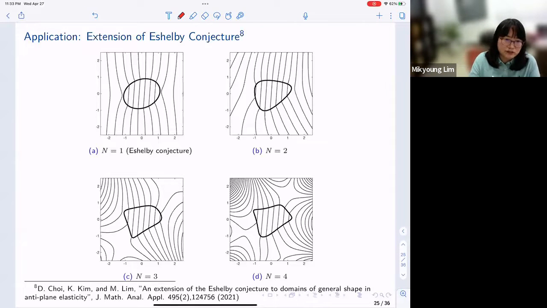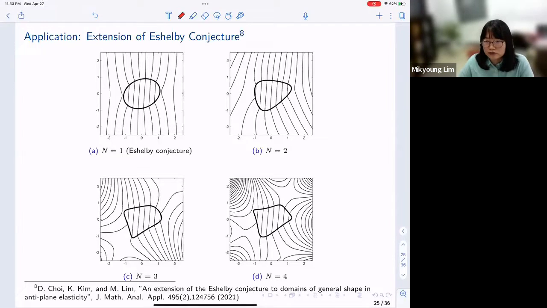So the Eshelby conjecture is about the ellipse: when the applied field is a first order polynomial, then the induced field inside the inclusion is uniform. I mean, it's a first order polynomial. And actually the relation can be extended to the higher order case.